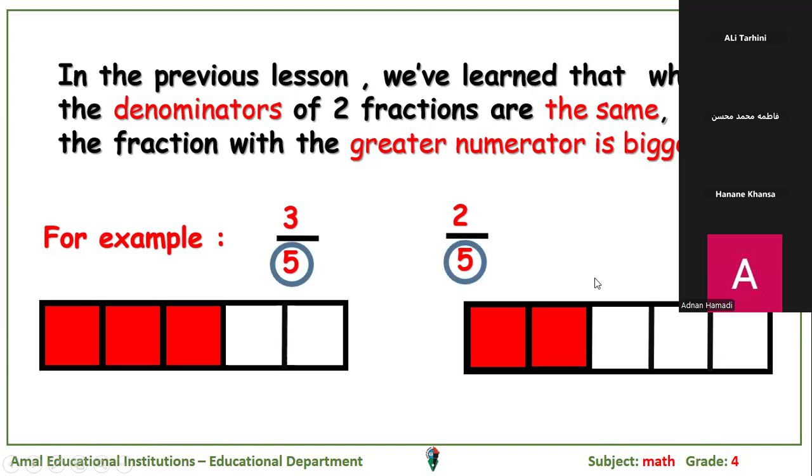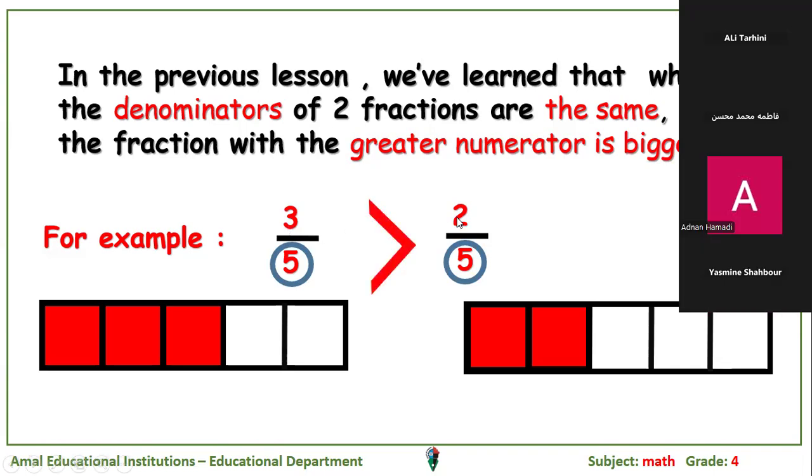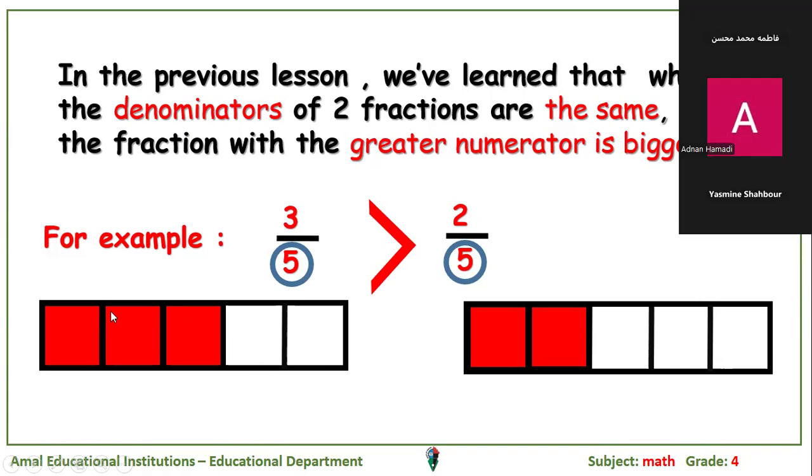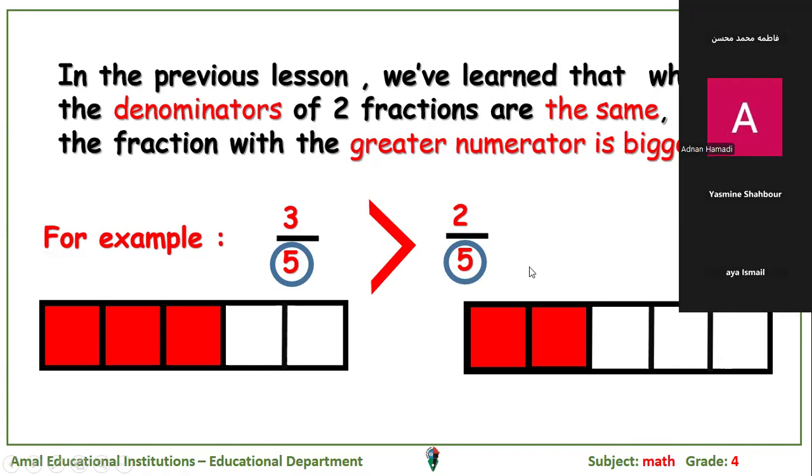Now we have the same denominators, so we compare the numerators. 3 is bigger than 2, so the fraction 3/5 will be bigger than 2/5. Look here at the colored parts. The 3 colored parts are bigger than the 2 colored parts. Do you understand? So this is a revision.